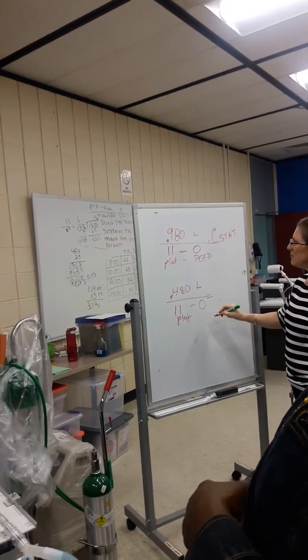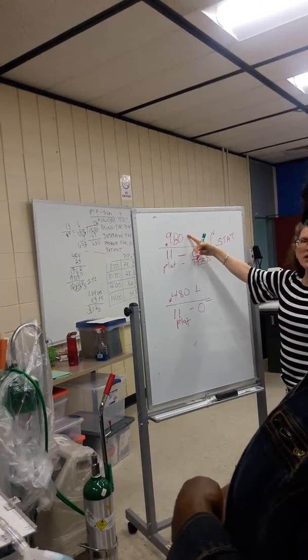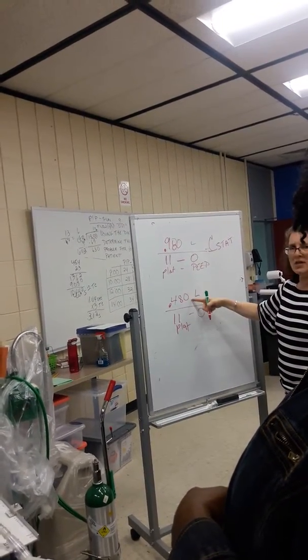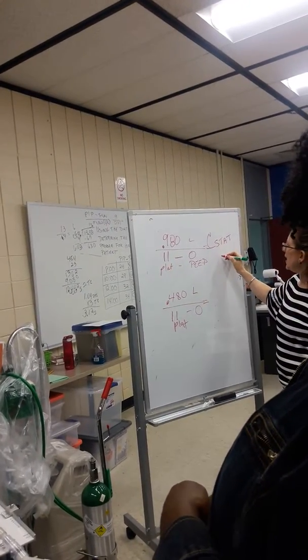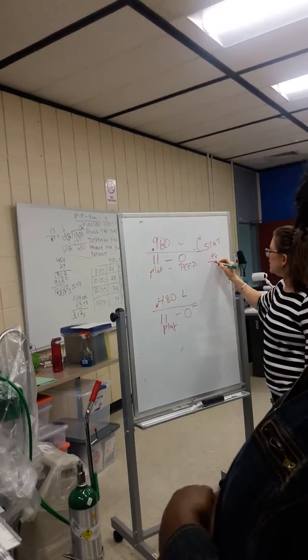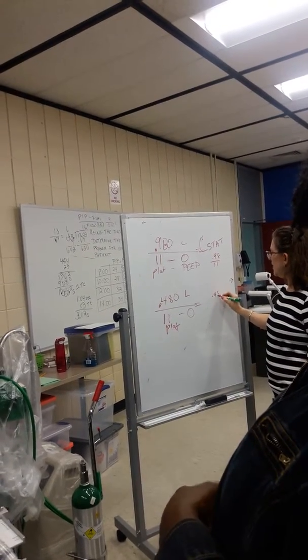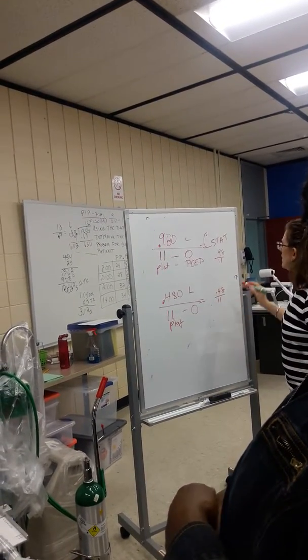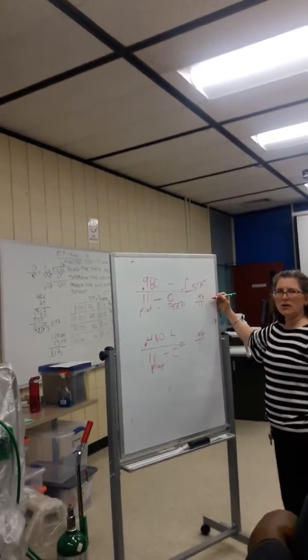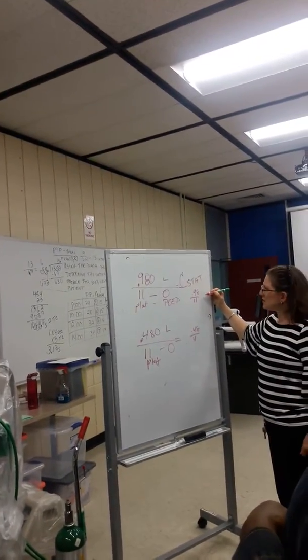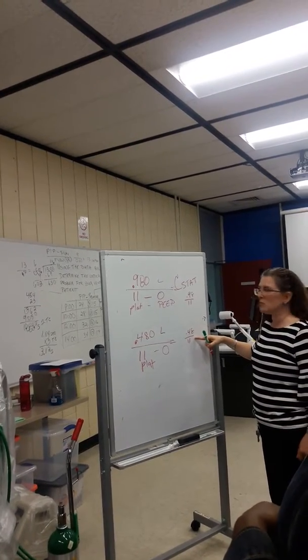This is 11. Is 0.98 larger than this? Yes. So when I divide 0.98 by 11 versus 0.48 by 11, my compliance is going to be a smaller number, right?